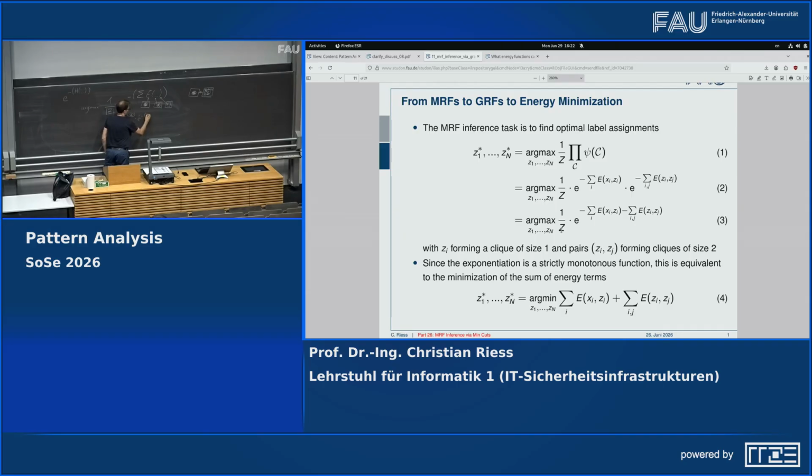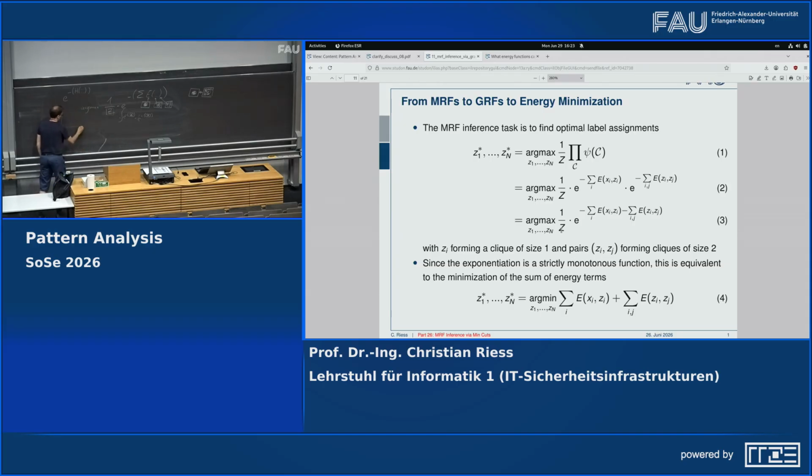Since it sums over all possible labelings, it doesn't change with one particular choice of the input. So the maximum, or if we only look at the energy terms, the minimum associated with this is independent of the partition function.